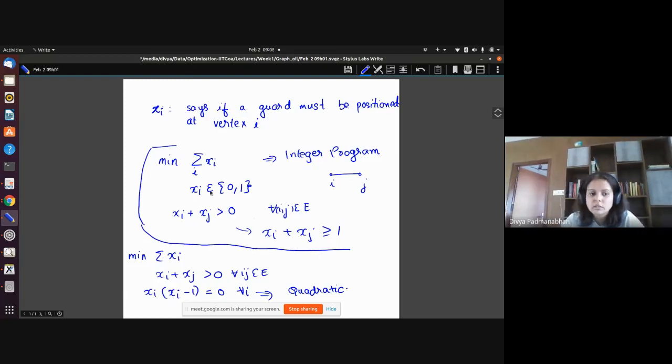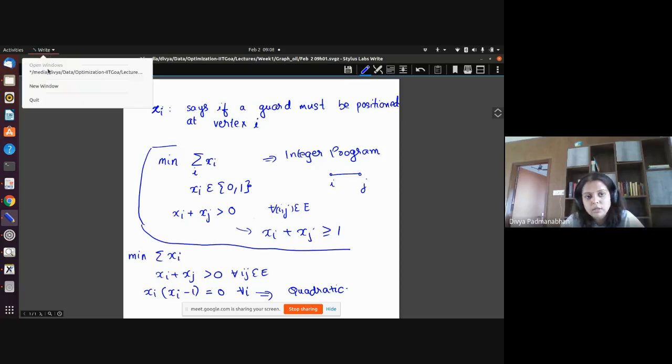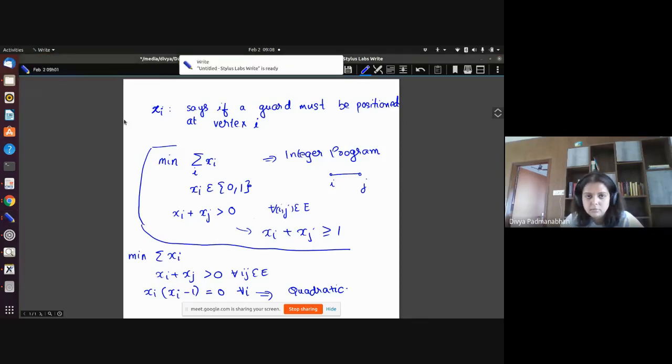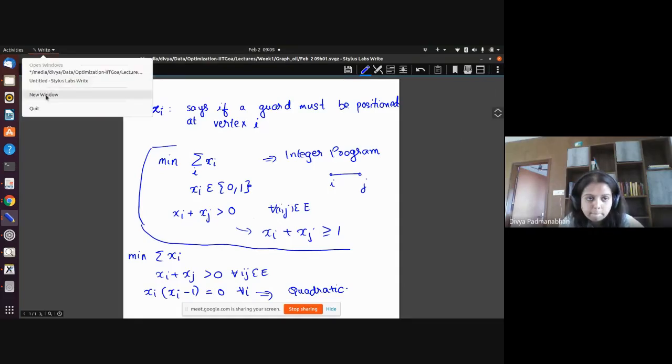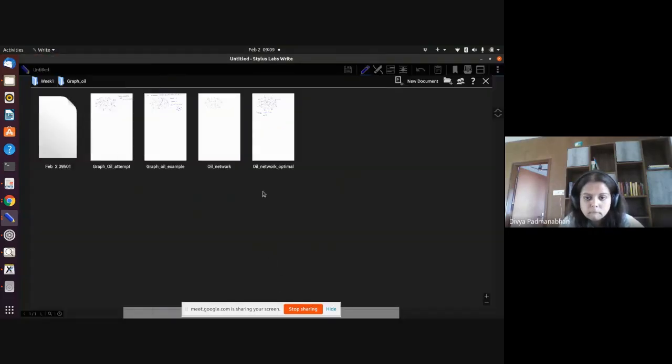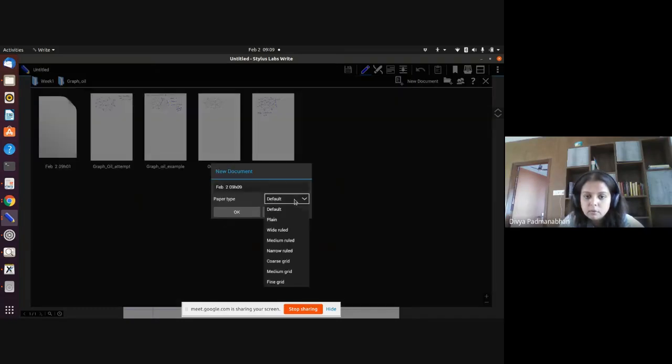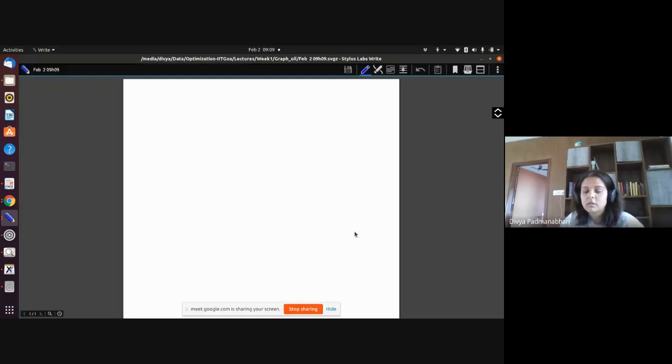Now let me tell you another case. You can provide these formulations for any problem, but you should be careful about when you want to use optimization and when you don't.